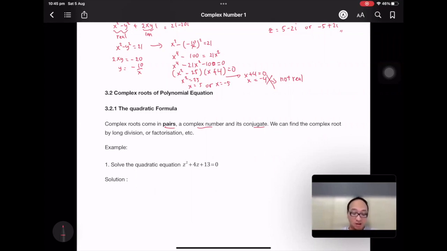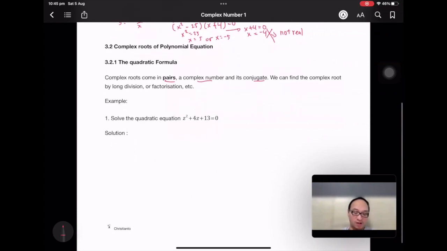So for example, we can solve the quadratic equation z squared plus 4z plus 13 equals 0. We can solve it like a normal quadratic equation. So I can use the formula. So this is a, b and c.